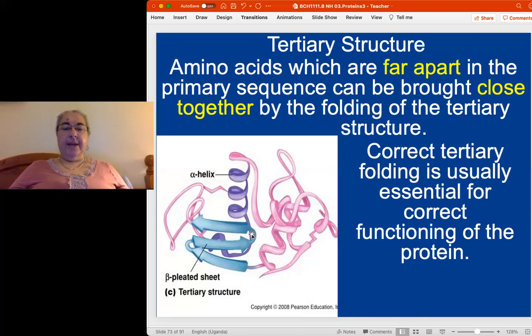And there might be a number of amino acids that all form that active site. One here, 2, 3, and 4, for instance, which are on completely different parts of the polypeptide chain, separated by quite a lot of amino acids, but essential for the function of this particular enzyme.